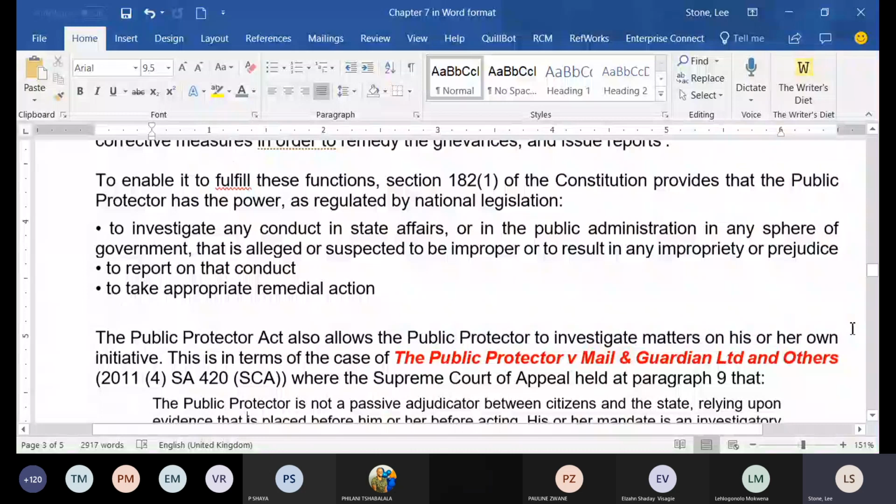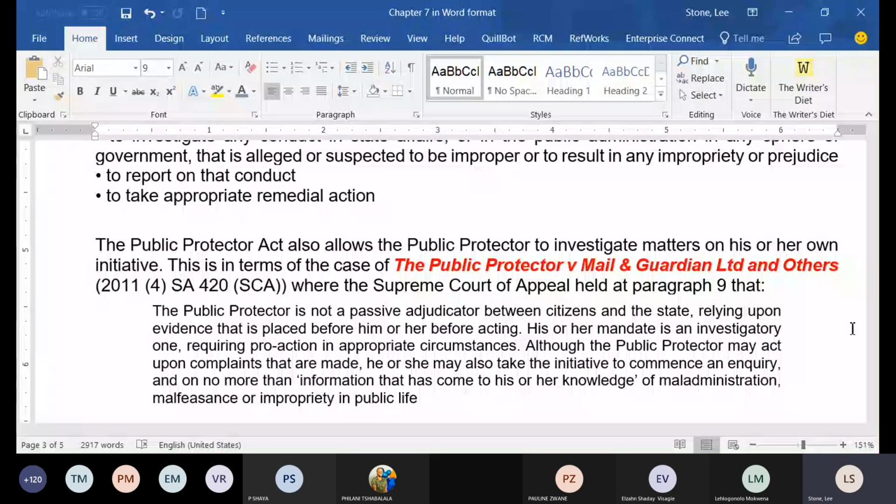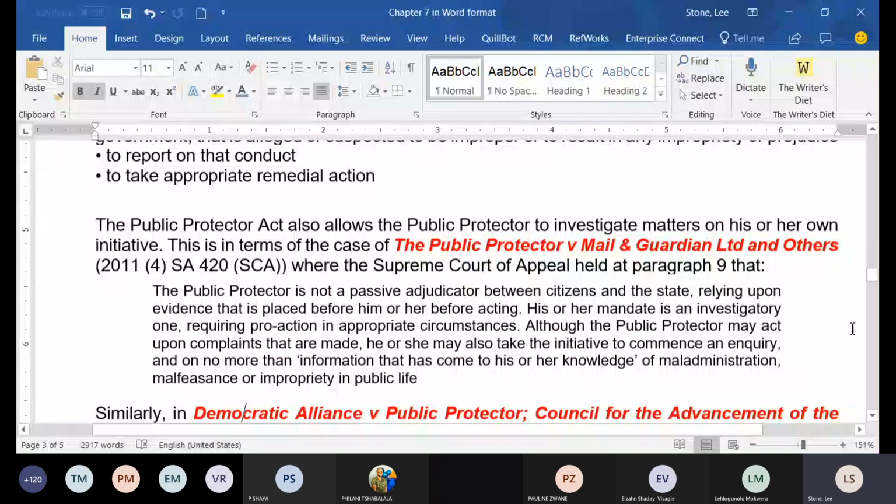In fact, the public protector has autonomous power to start investigating matters as he or she becomes aware that there is alleged impropriety. So we know then that the public protector legislation empowers the public protector to take initiative and to act.